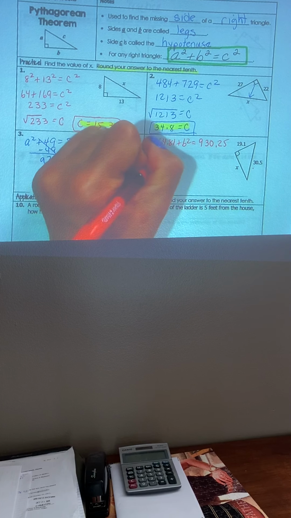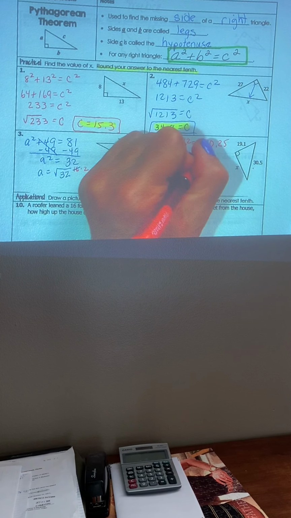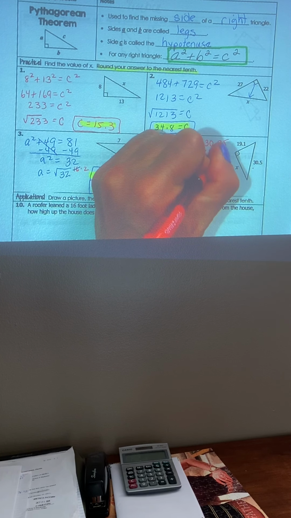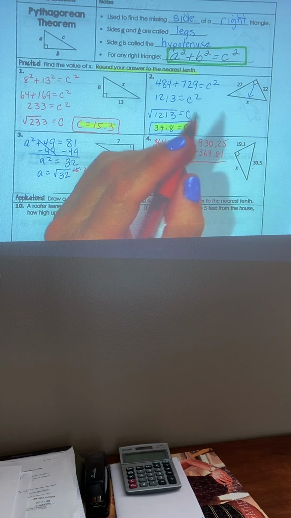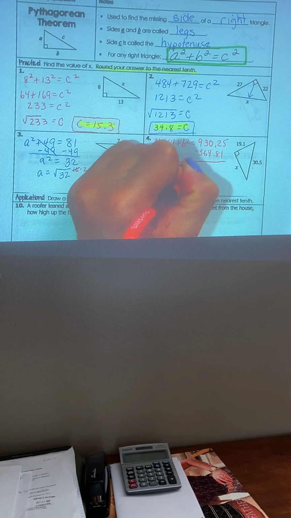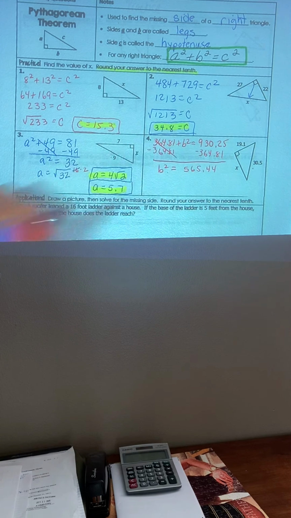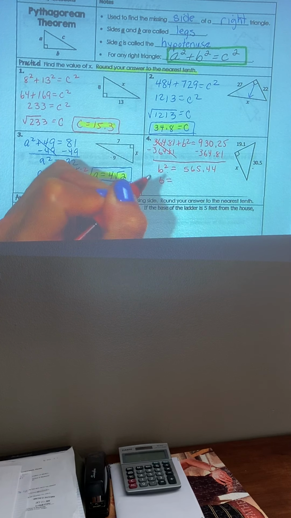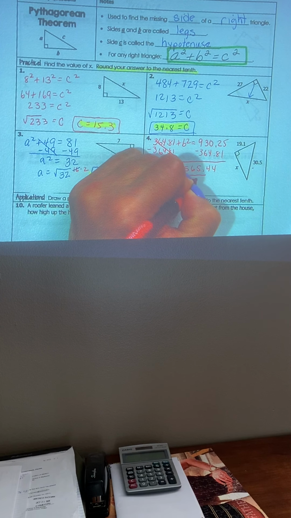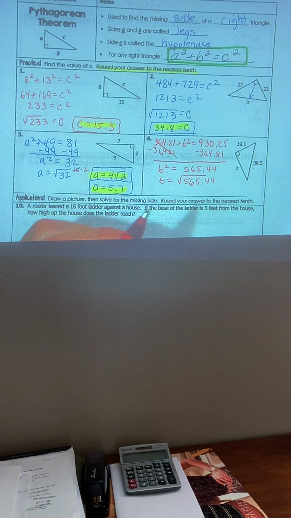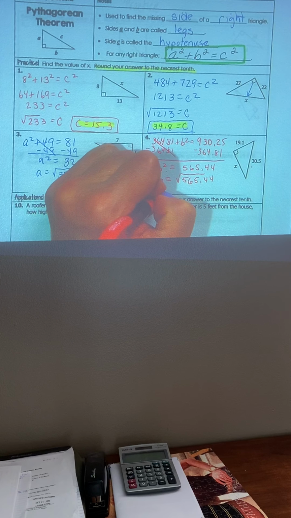Okay, we subtract 364.81. So B squared equals 565.44. So B equals whatever the square root of 565.44 is, which is 23.8.